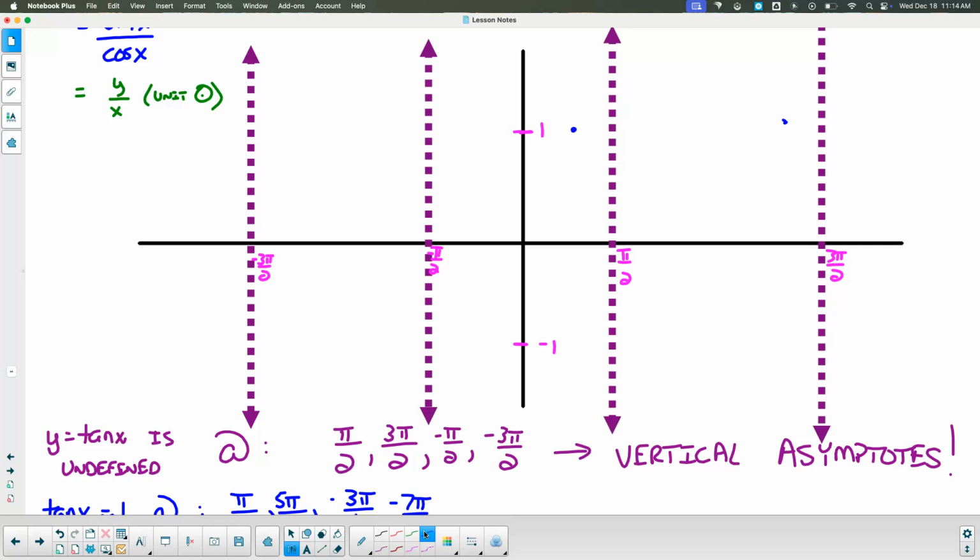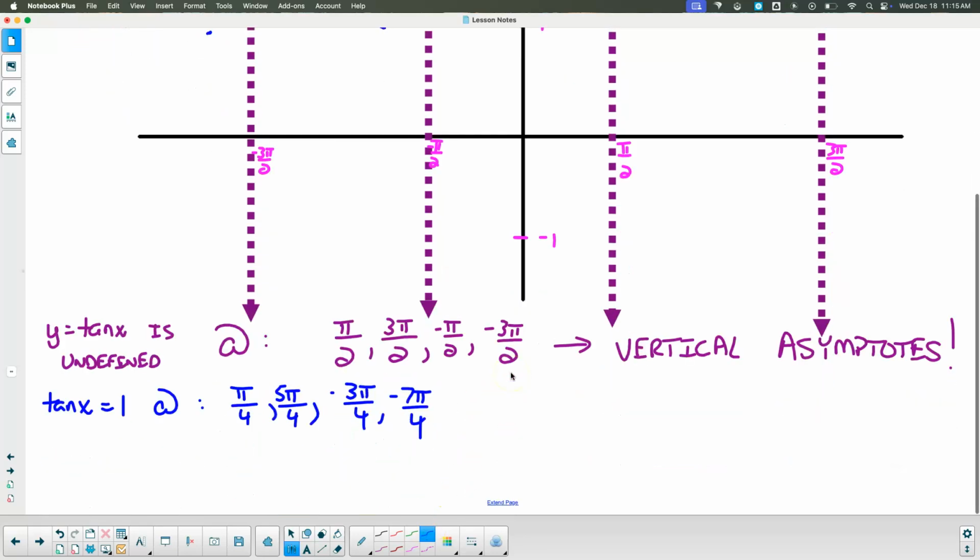Negative 3 pi over 4 would be here. Negative 7 pi over 4 would be there. What's another easy tangent value to find? Negative 1. Okay. Negative 1 would be another easy one to find.